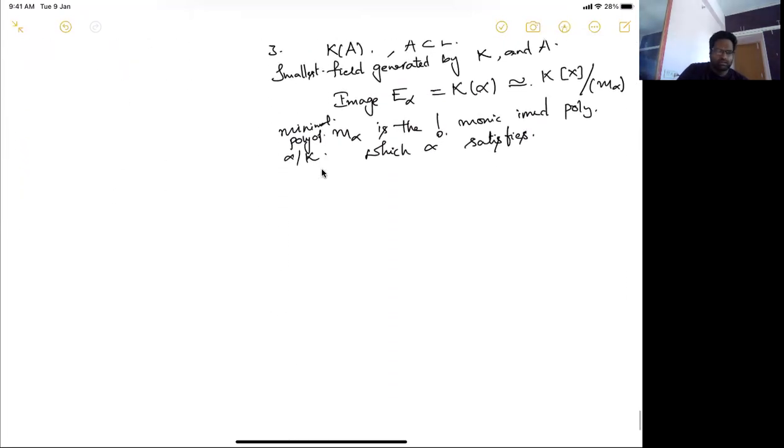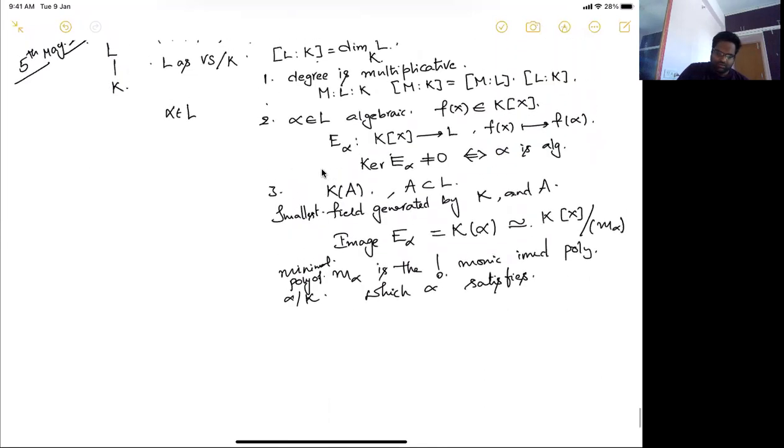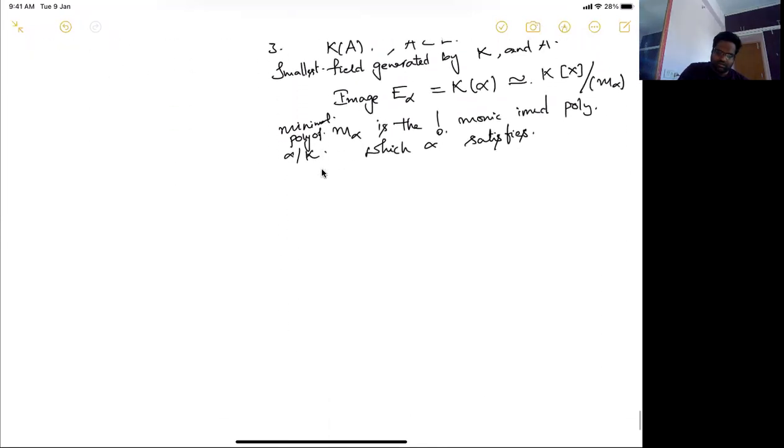And then we talked about the most important theorem, namely, alpha is algebraic over K if and only if the degree of the extension K of alpha over K is finite. If this is the case, then the degree is actually given by the degree of the minimal polynomial of alpha.